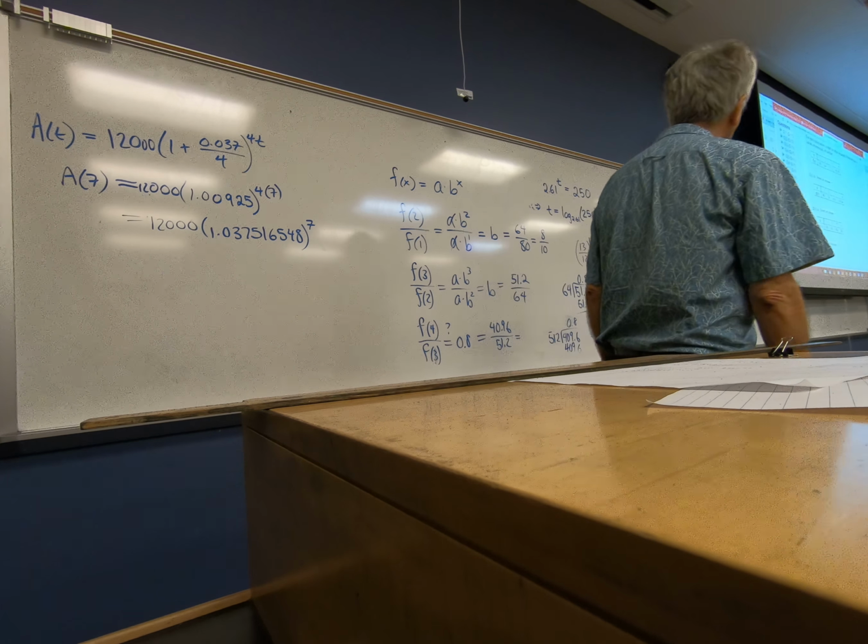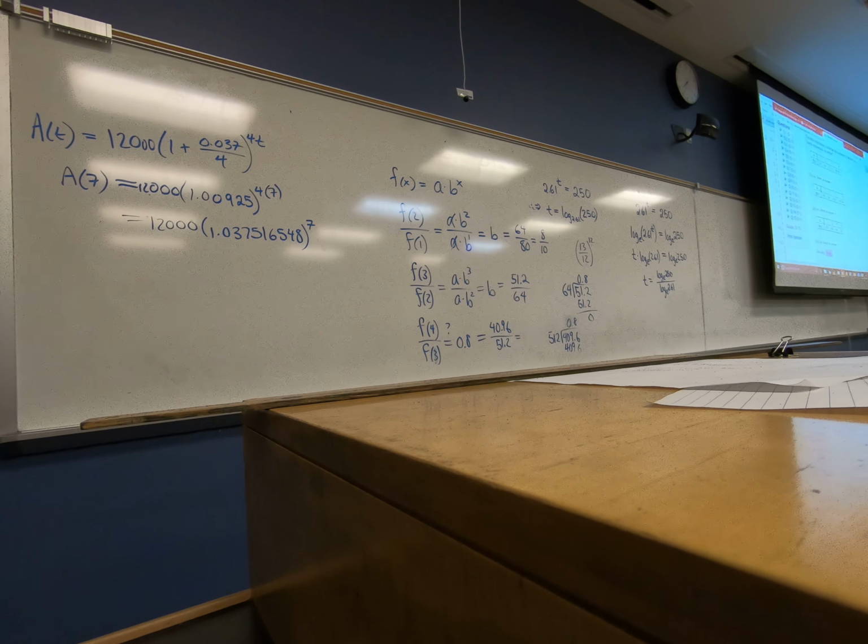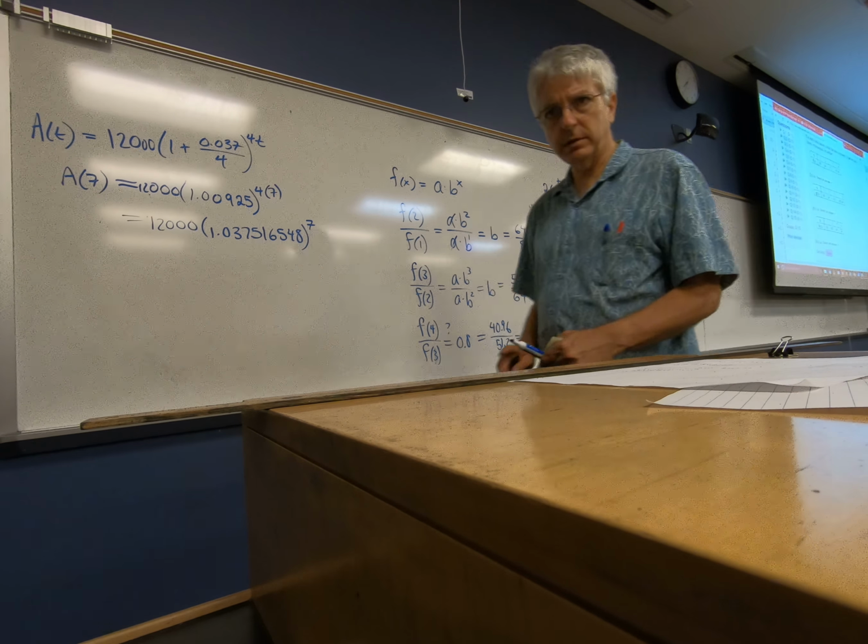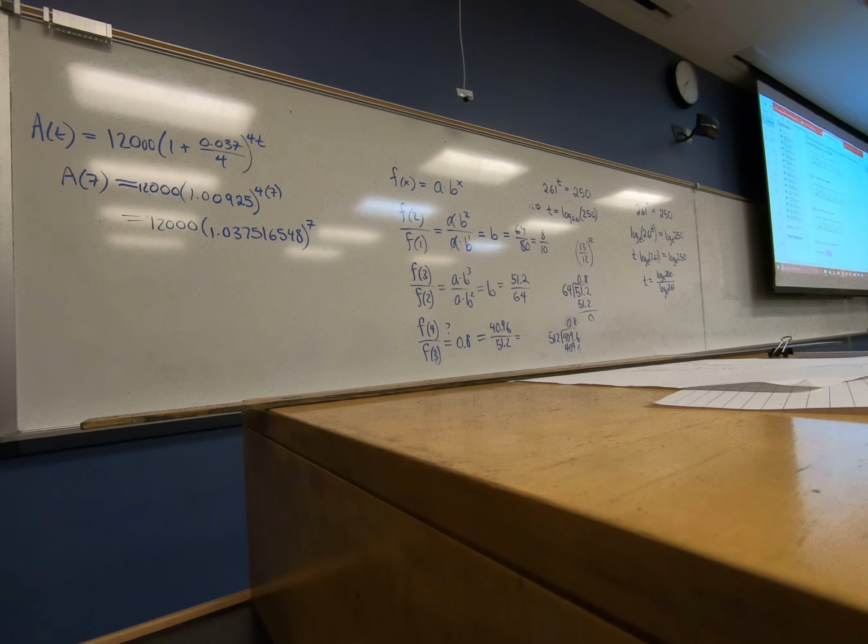So they're all 0.8. So your growth factor is 0.8, it's actually a decay factor, properly speaking, right? It's getting smaller. But each successive value is obtained from the previous one by multiplying by 0.8. All right, so this one is, in fact, exponential.